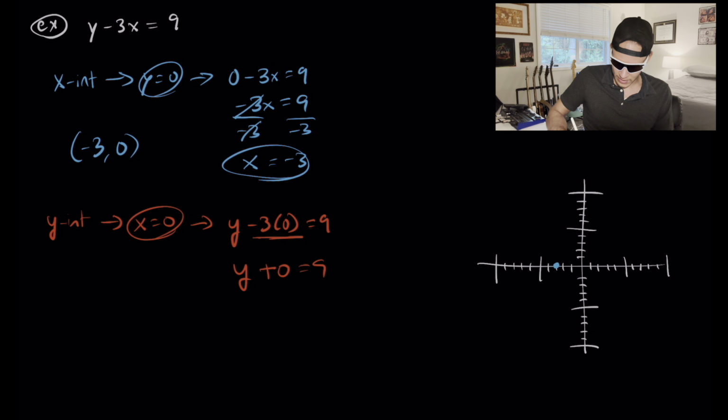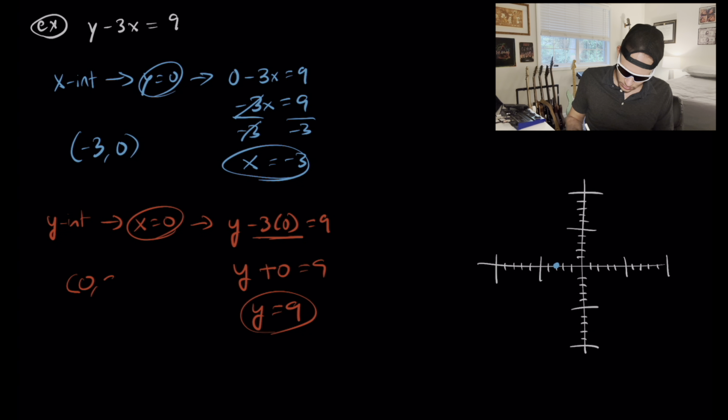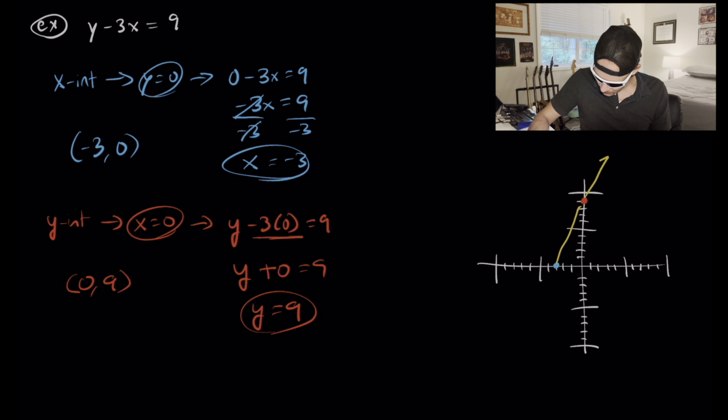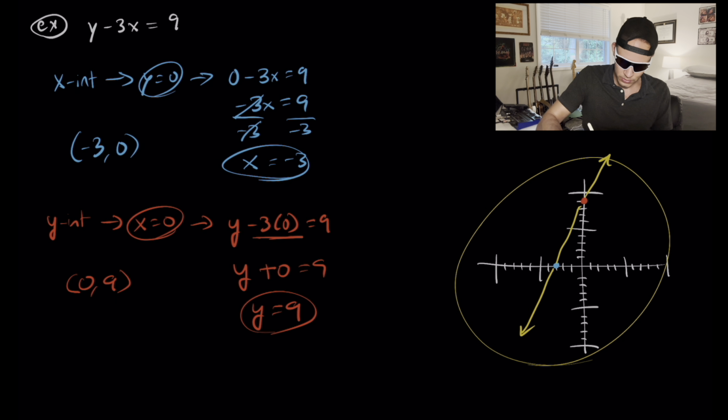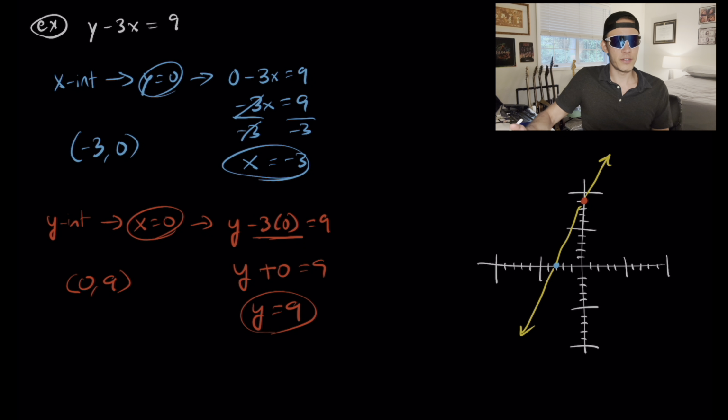We don't even have to write that, but we'll get y is equal to 9. So combining those two x and y values, the point for the y-intercept is 0, 9. That's going to be up here. Now all we do is connect the dots, and more or less that's what the graph is going to look like. If you plug this into a graphing calculator, this is what you'll get. So you find your intercepts, connect the dots, and you're done.